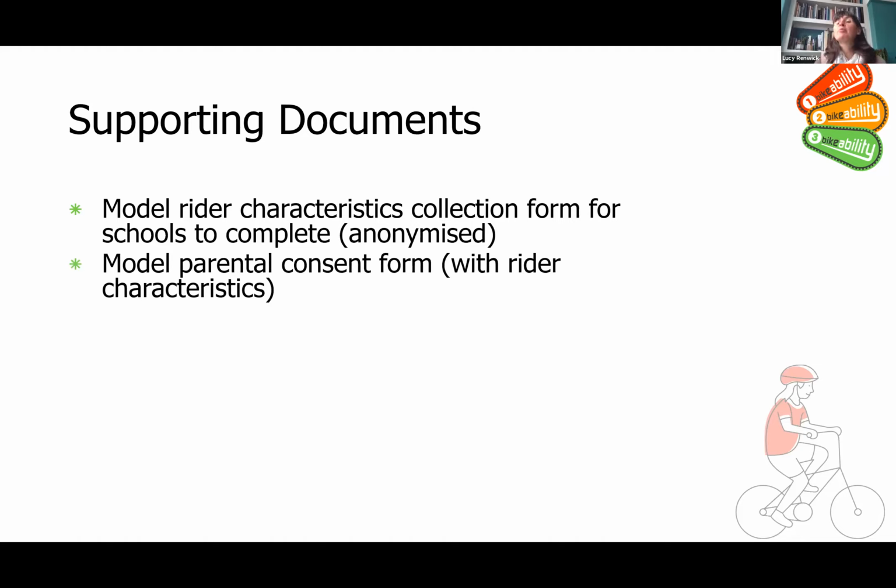We've then got a parental consent form with rider characteristics that goes directly to parents, aka Becky's form, which they've used very successfully. It's exactly the same, but it incorporates that additional information in terms of ethnicity and the prefer not to say.